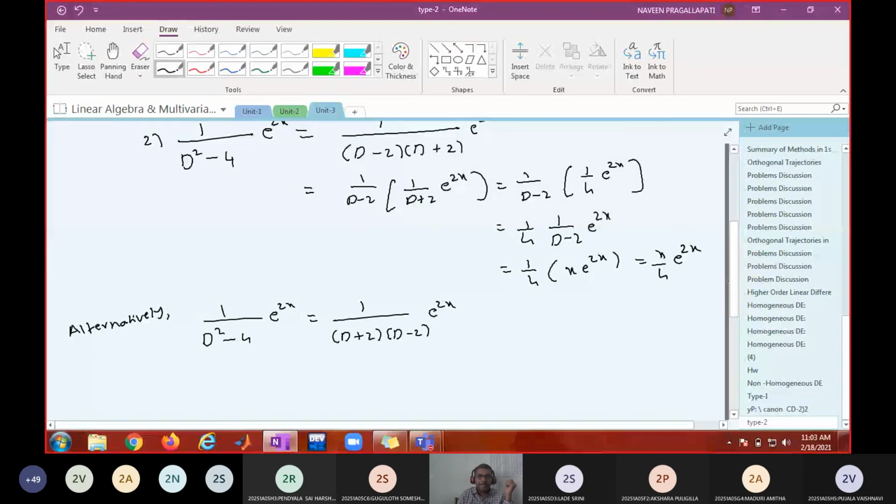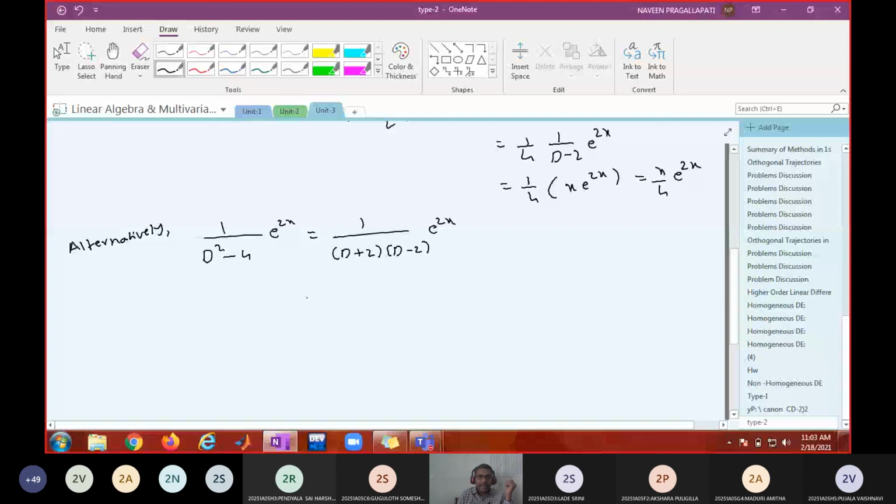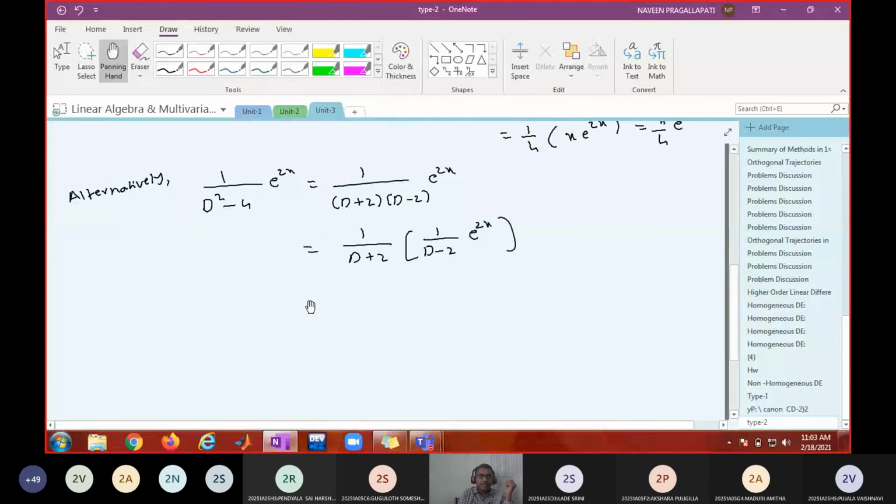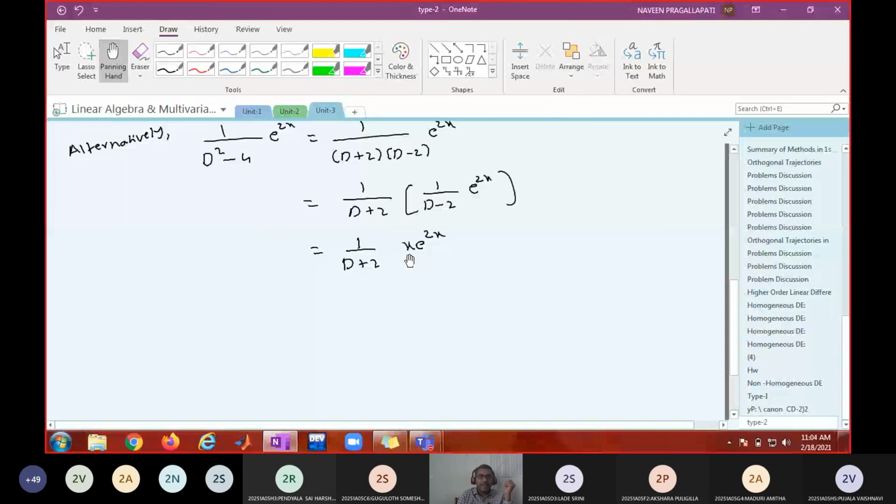Then this is going to be 1/(D + 2) of 1/(D - 2) e^(2x). Is this type 1 or type 2? What is the type 1 formula? x e^(2x). Now x is multiplied.